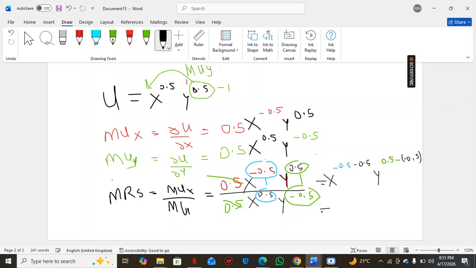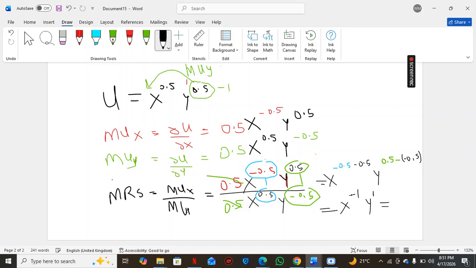Okay. So negative 0.5 minus 0.5, that's negative 1. So you have x to the power negative 1. Then 0.5 minus negative 0.5, these two negatives make positive. So 0.5 plus 0.5, that is 1. So you have x to the power negative 1, y to the power 1.